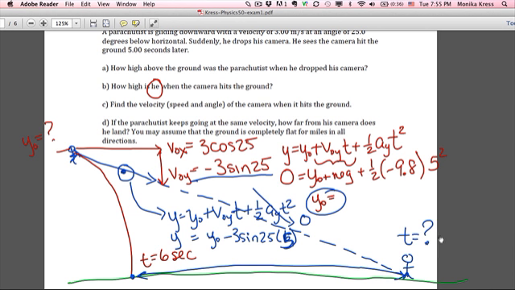It's not 6 seconds, but once you find that time, you can find this distance from x naught equals 0 where he dropped the camera, and you can also find how far the camera went in 6 seconds. So they're going the same speed. It took him, I forgot what it comes out to be, something like 100 something seconds to get all the way here. The camera only took 6 seconds to get here, and then you take the difference between this position and this position.